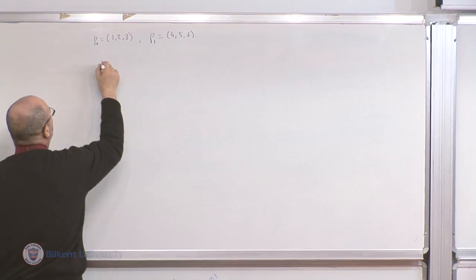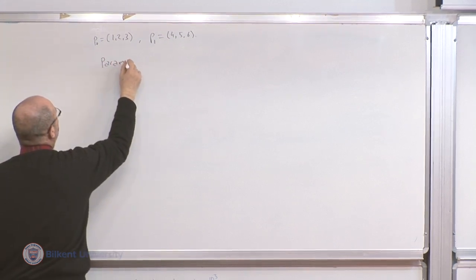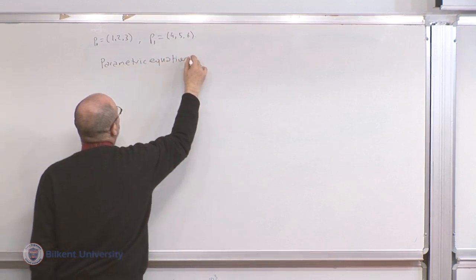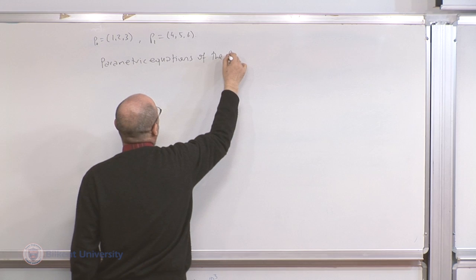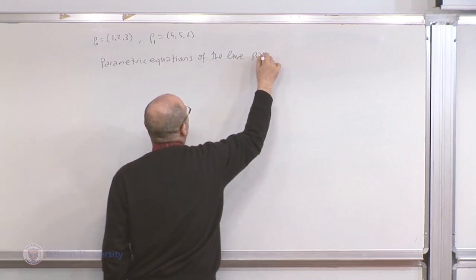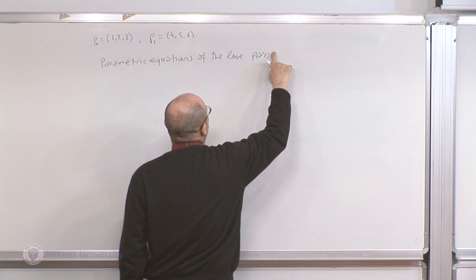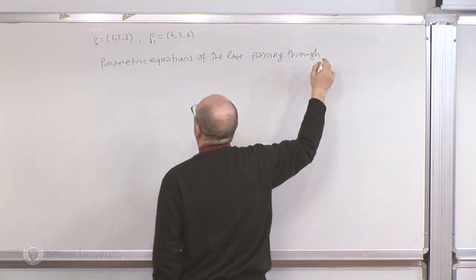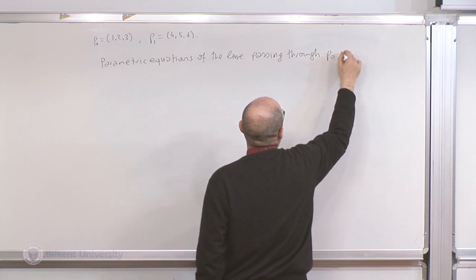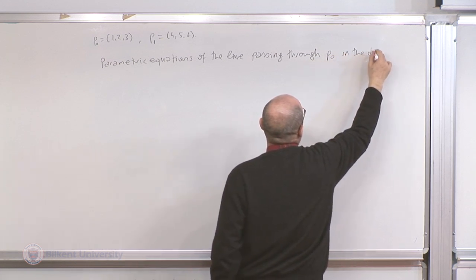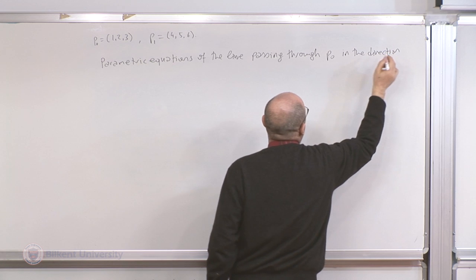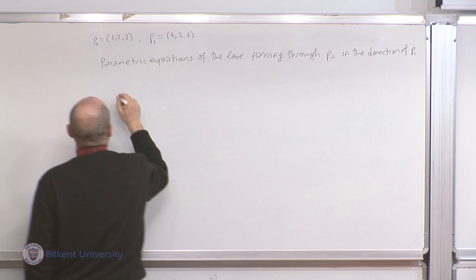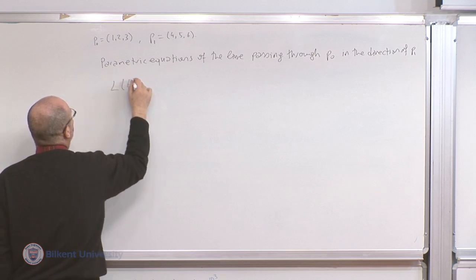Okay, parametric equations of the line passing through P0 in the direction of P1 is given as follows: L(t).